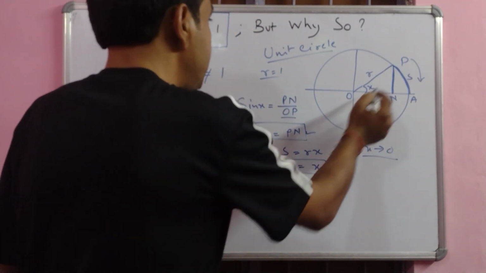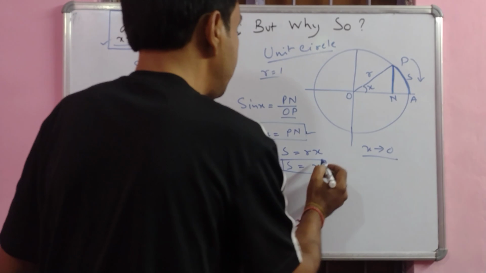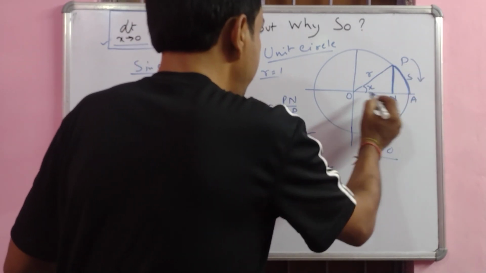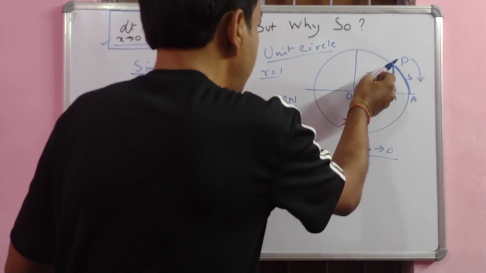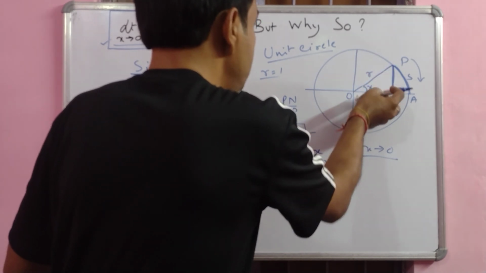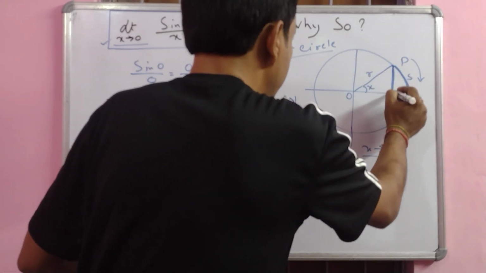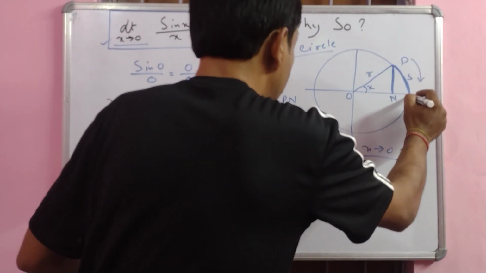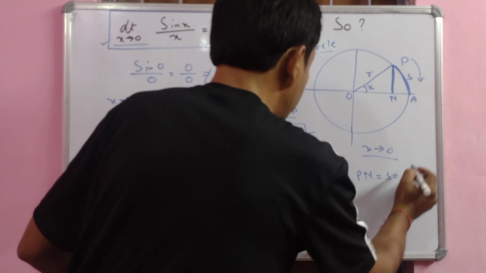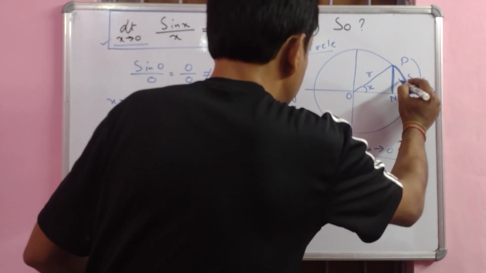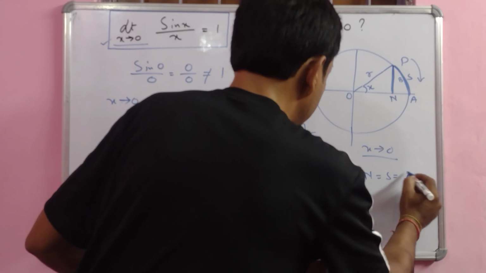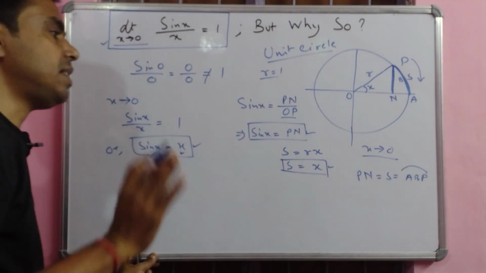You know that sin x is equal to PN and x is equal to this arc length. So when the angle x tends to 0, this perpendicular length PN is equal to this arc length, the arc AP.